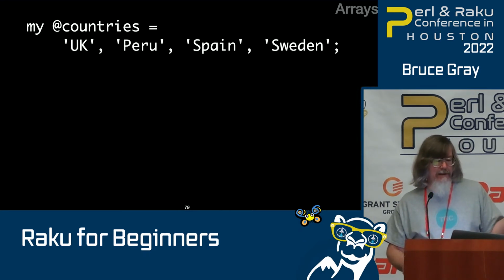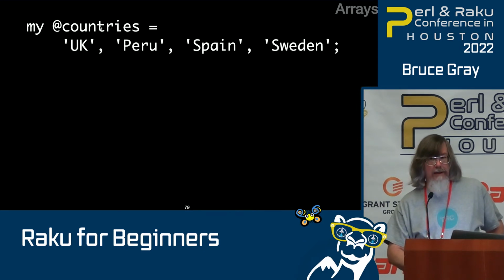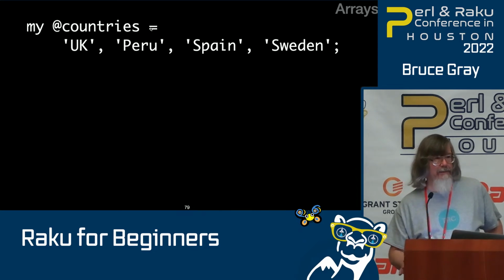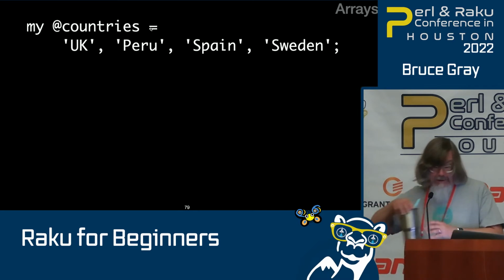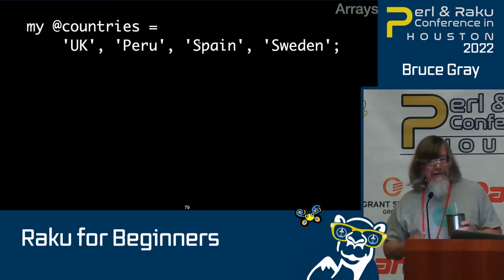When you assign to such a thing, I don't want to get into the depths of this, but if the equal sign sees that it is not a scalar on the left, but a list, that actually changes the precedence of the equal sign slightly. That was done just so we don't have to have parens on the right-hand side, the way we do in Perl.